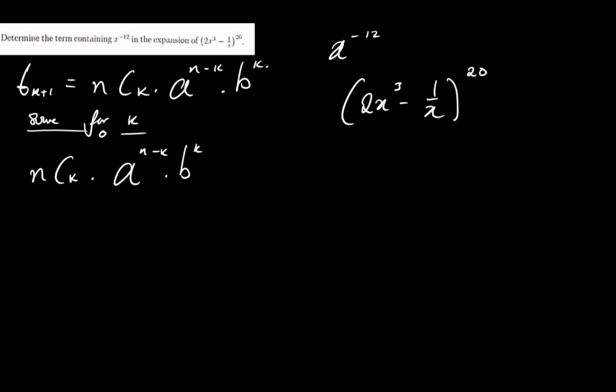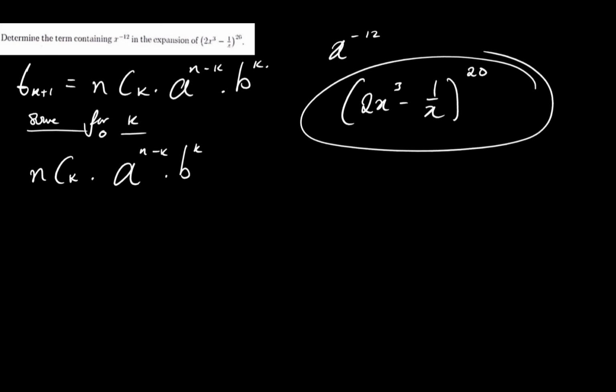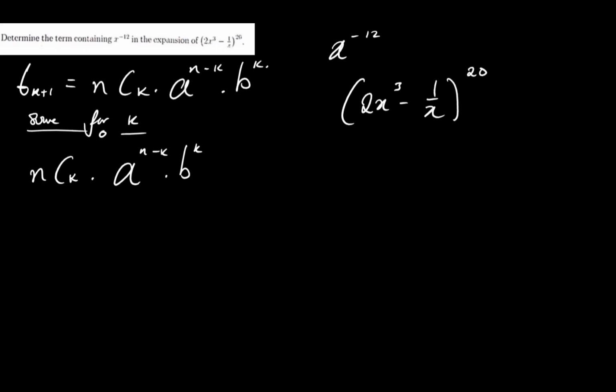Now since we're having the expansion as 2x cubed minus 1 over x to the power 20, we can put in consideration that if we neglect the coefficients, which means that n choose k also goes, then we won't have the 2, we just have x to the power 3.